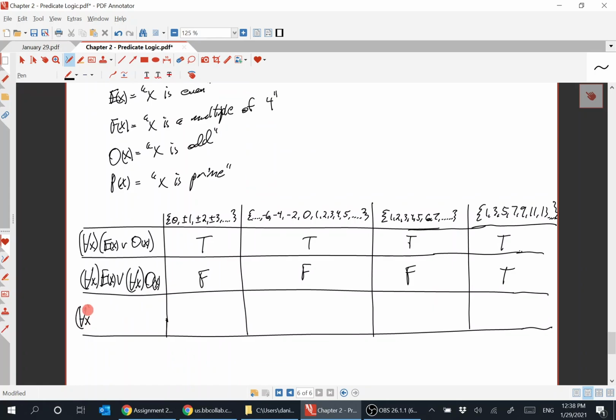For every x less than 0 implies x is even.